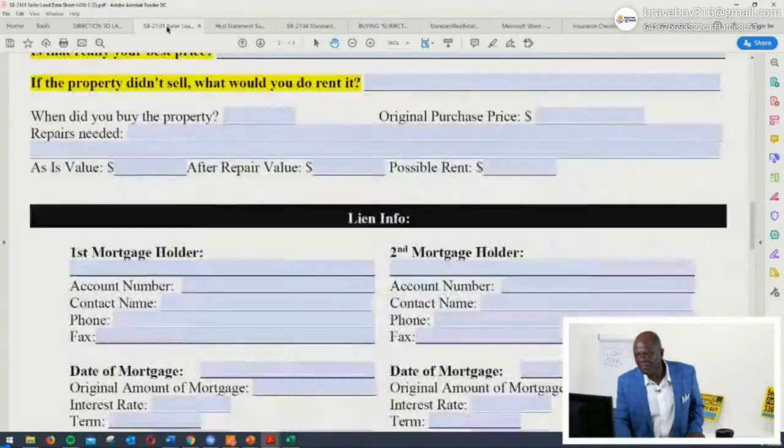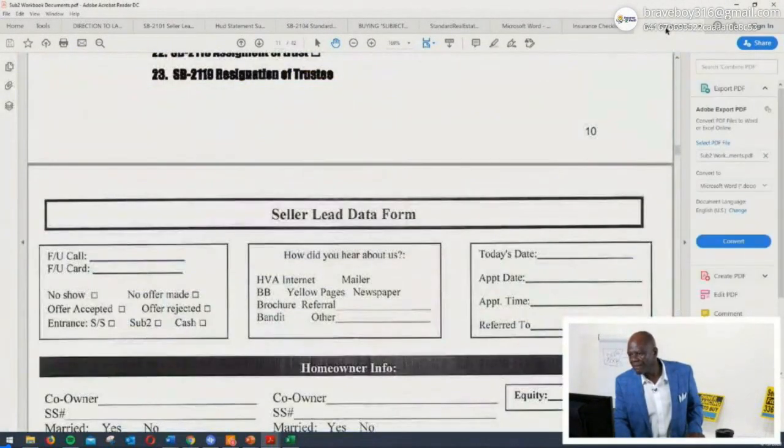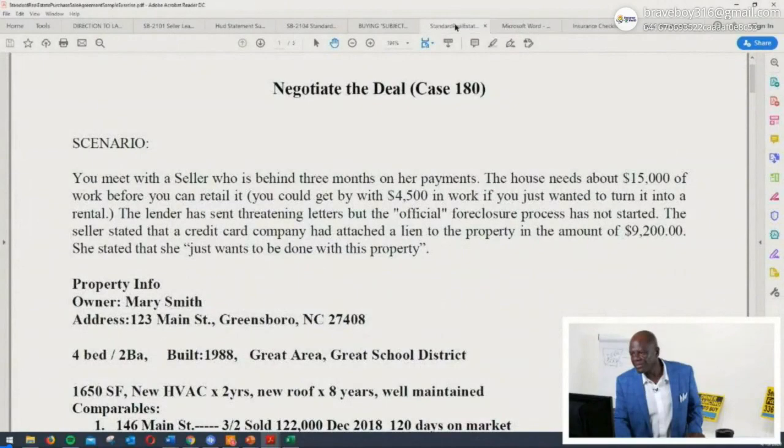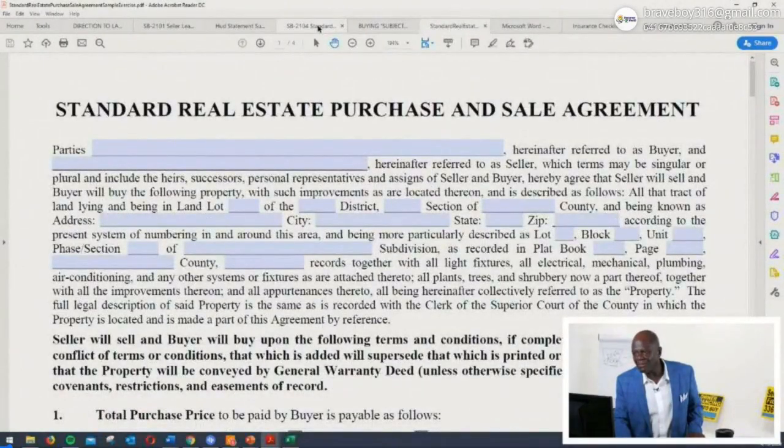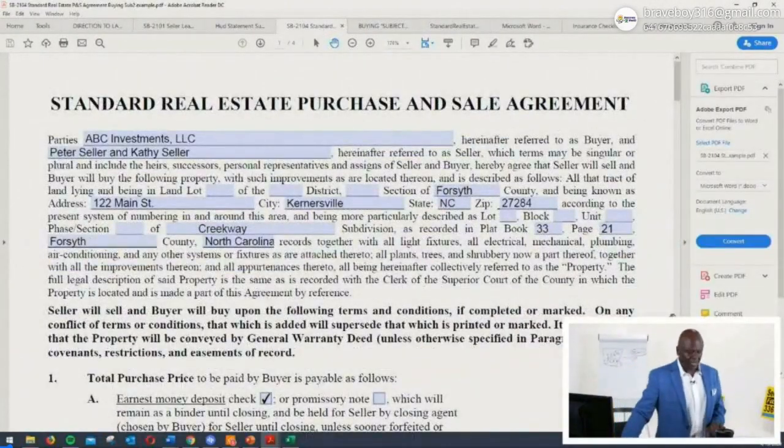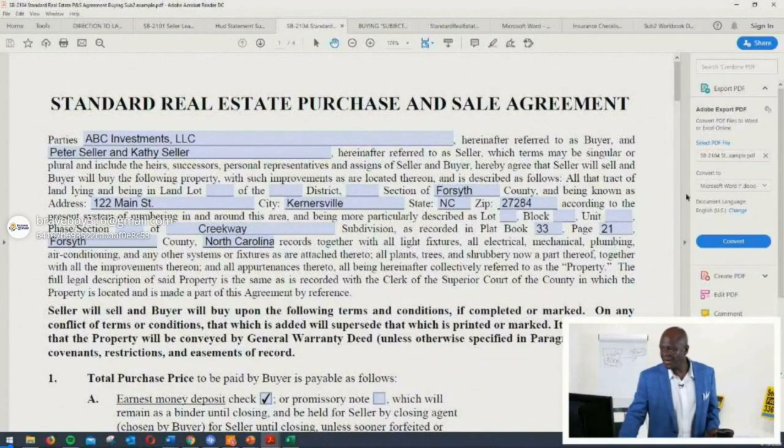Let's see if I have one that's done on the screen. No. All right, well, here we go, right here. Okay, so here goes the subject to purchase contract.